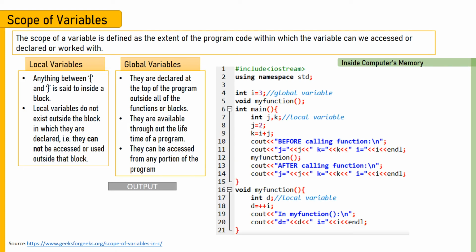Throughout this example, we will see the difference between local and global. Here is the coding. In line 4, we declare a global variable I with initialization I equal to 3.